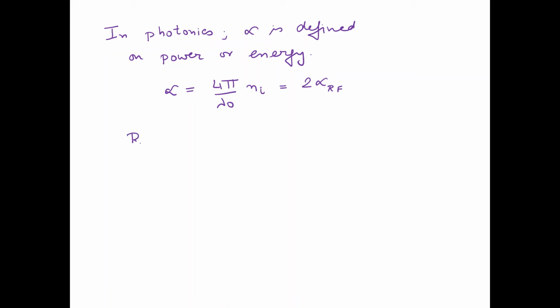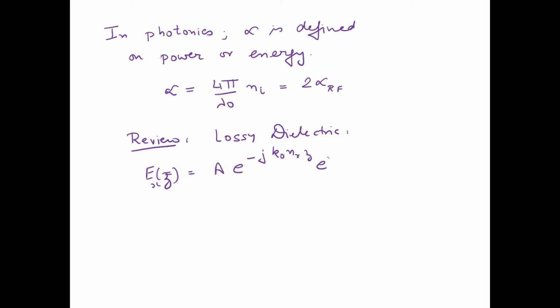So just to recap, just to review, in a lossy dielectric, we have the wave, which is going to be in the Z direction, pointing in X, with the propagating term e to the minus j k naught n real z, e to the minus alpha z, pointing in the X direction, as we have done it.